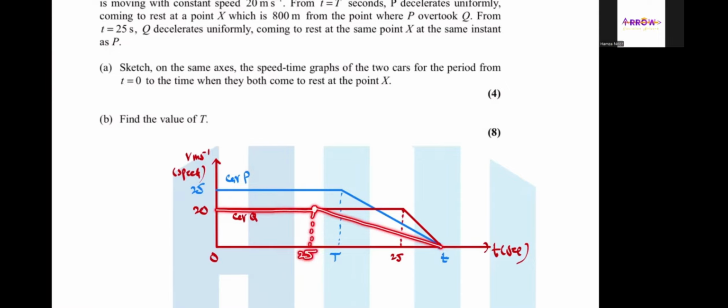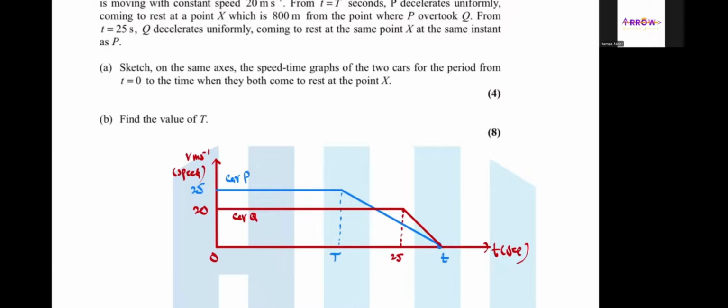Why? Because car P is overtaking car Q. Car P is moving with speed 25, car Q is moving with speed 20, and obviously they have to reach the same point X at the same instant. And point X is 800 meter away from the point of overtaking.